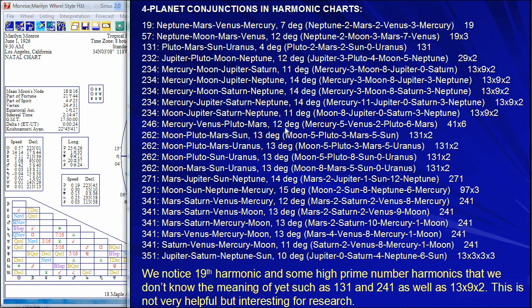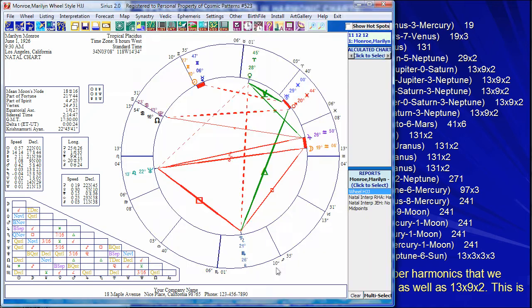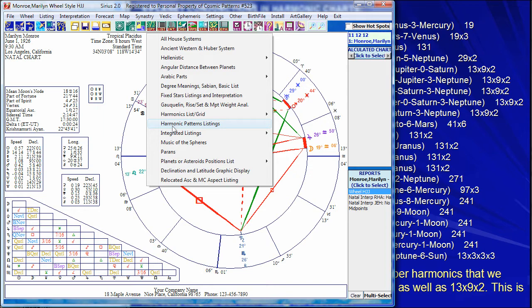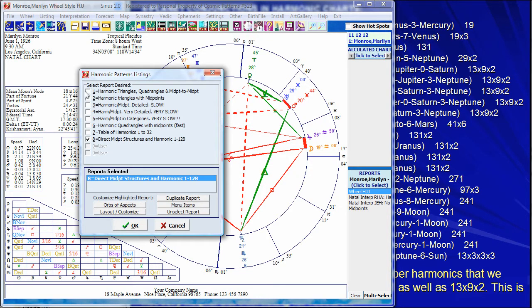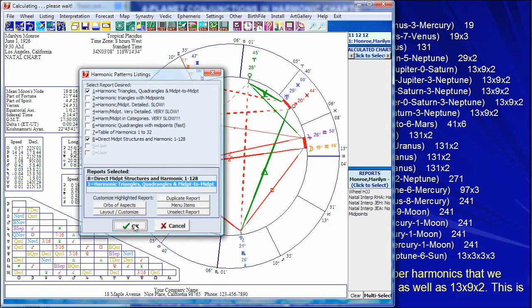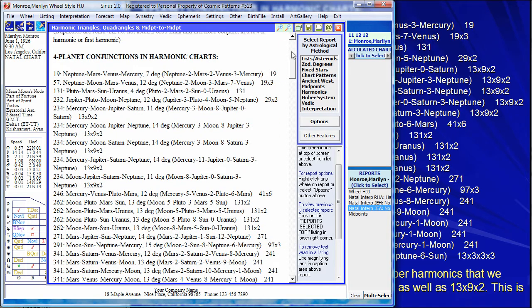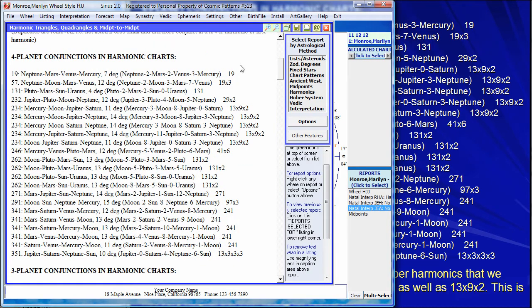Now, another thing we do is we run, in the Sirius software, we go to listings, and we select harmonic patterns listings number 1. Okay, this harmonic triangles, we click OK, and then this tells us what harmonics are strongest in the chart.